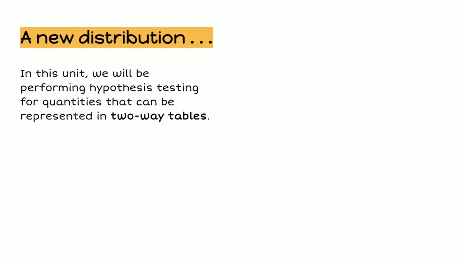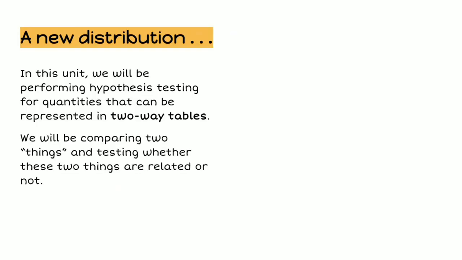For performing tests on categorical variables, we're going to be looking at two-way tables full of frequencies or counts. And in order to perform these tests, we're going to need to use a new distribution. We're going to be looking at several different things.